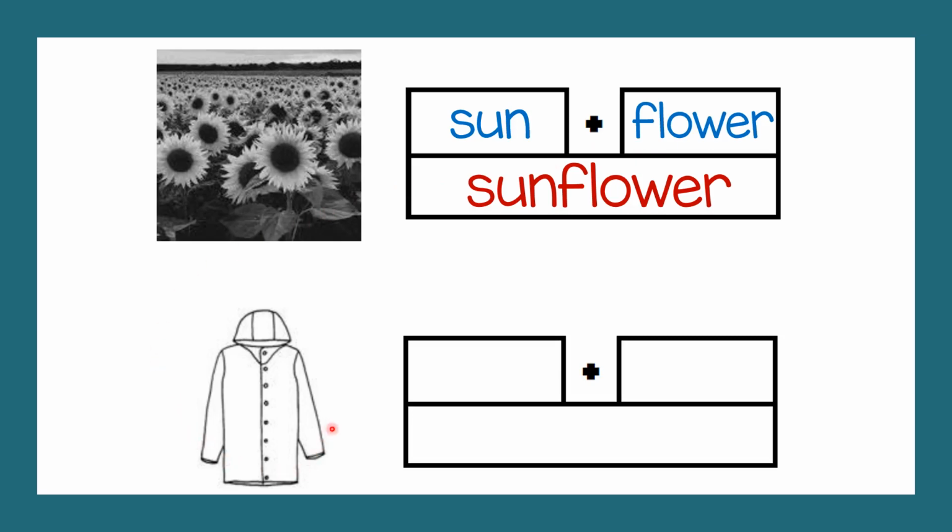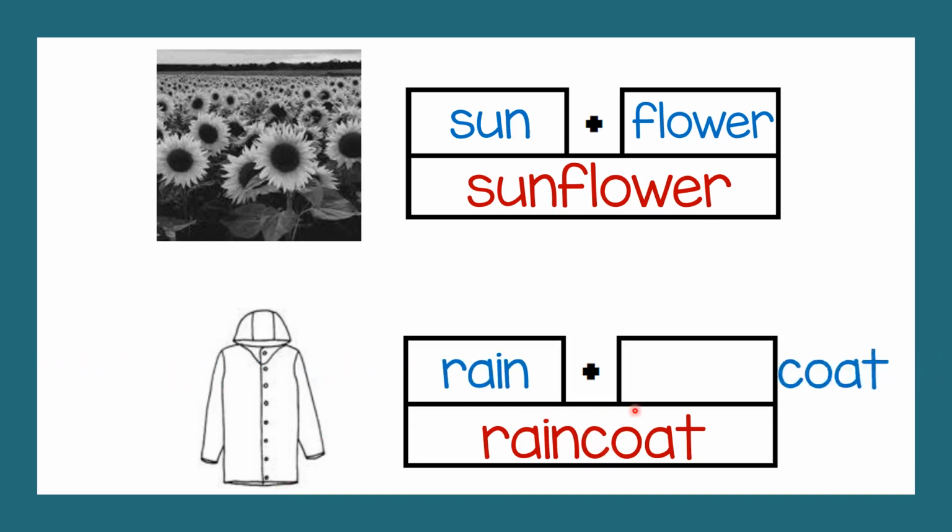What is this picture? You wear this when it's raining. It's a raincoat. The nouns that make up raincoat are rain and coat. Another tick if you got that correct.